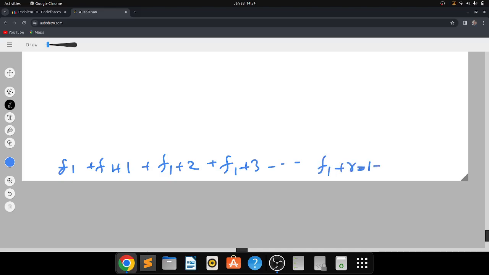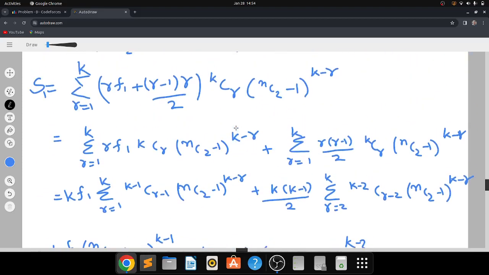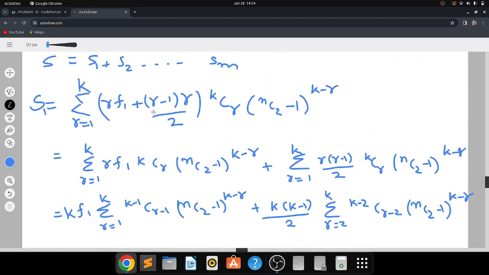So the total sum is R F1 plus R into R minus 1 divided by 2, that is, R F1 plus (R minus 1) into R by 2.